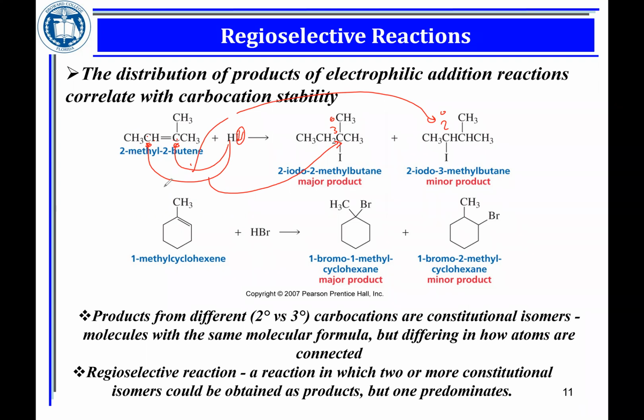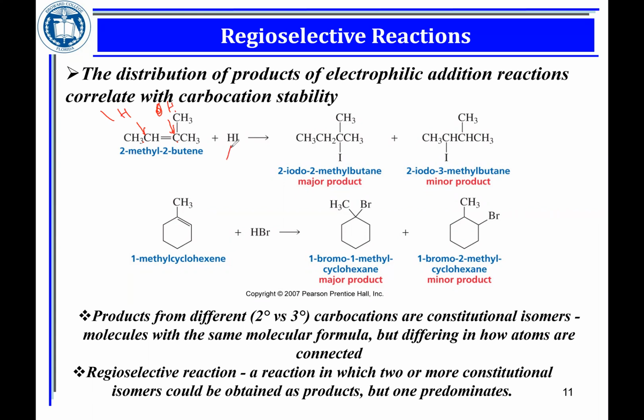From now on, if you look at the alkene first and it's asymmetrical, you count the number of hydrogen on the 2 carbons that carry the double bond. On this carbon you have 0 hydrogen, and on this carbon you have 1 hydrogen.